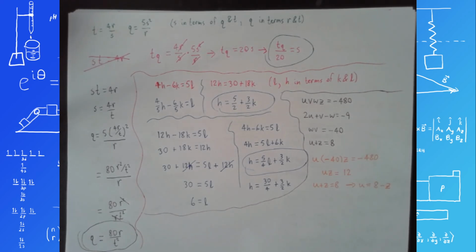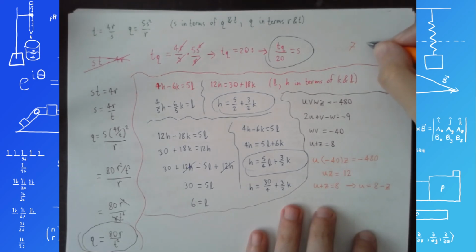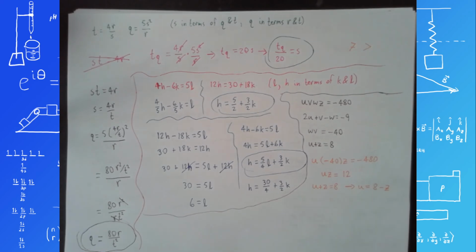And yes, I cross my z's so that they don't get mistaken for 2's. Glad you noticed. I also cross my 7's so that I don't mistake them for greater than signs. 7 and greater than can be easily confused with each other, so I like to cross my 7's for that reason.